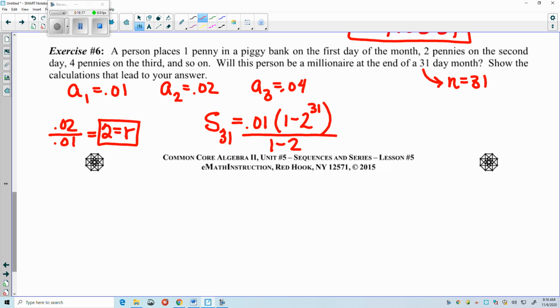So again, plug that all into your calculator, get your fraction template, make sure your n value is only going to the r that you have here. And when you plug that in, you get $21,474,836.47. So is this person going to be a millionaire? Heck yeah, they're going to be a millionaire. That would be super awesome if you could do that.